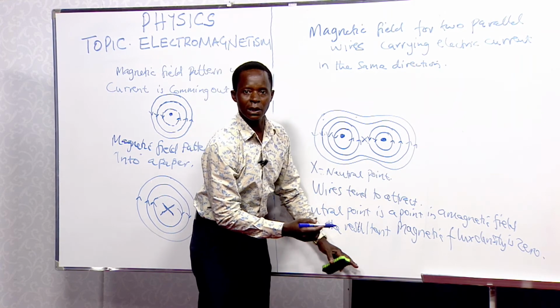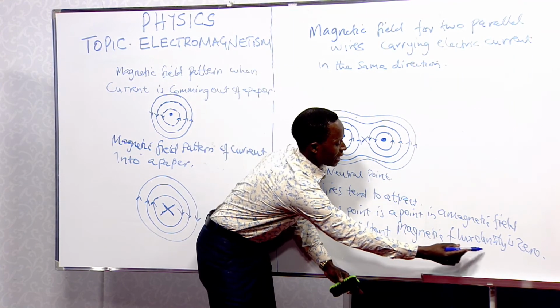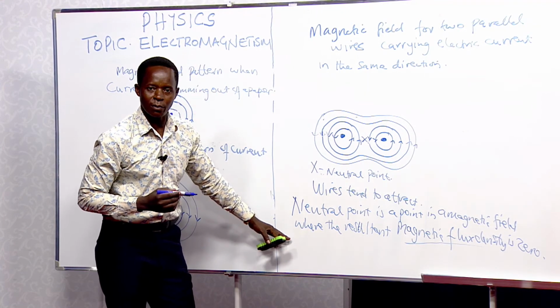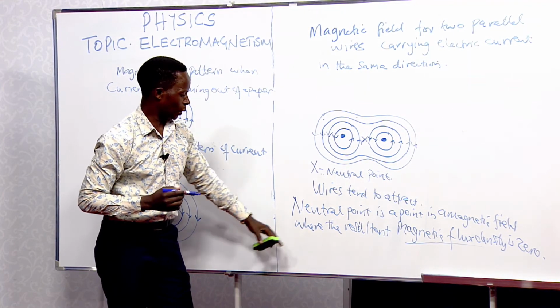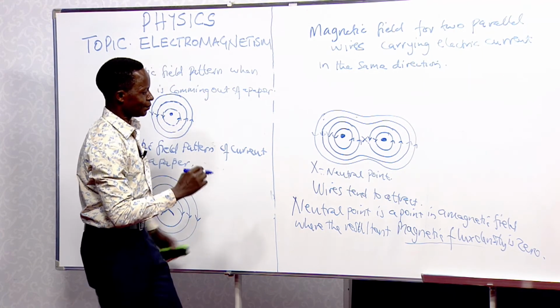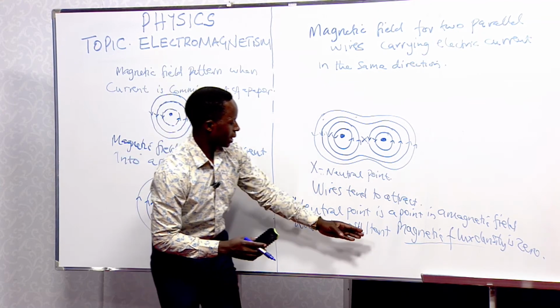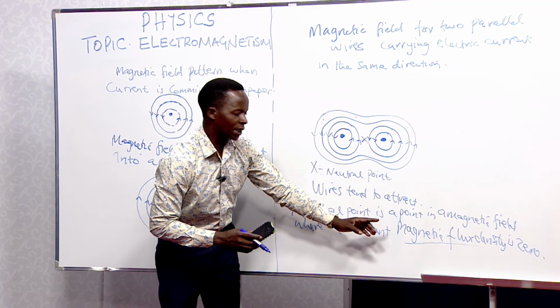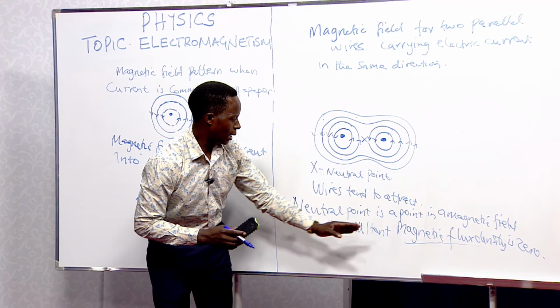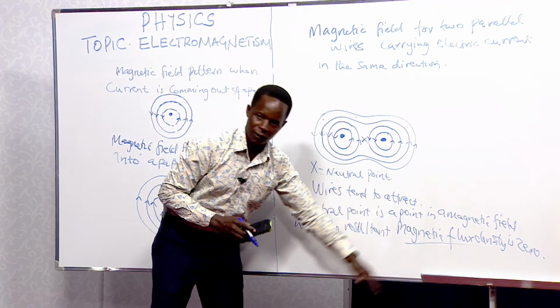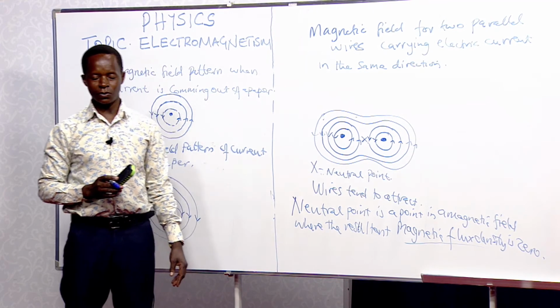Sometimes instead of using the magnetic flux density, you can as well say where the resultant magnetic field is 0. So you can as well say a neutral point is a point in a magnetic field where the resultant magnetic field or resultant magnetic flux density is equal to 0.